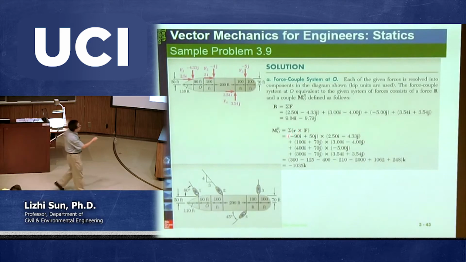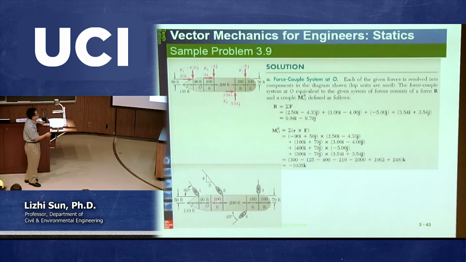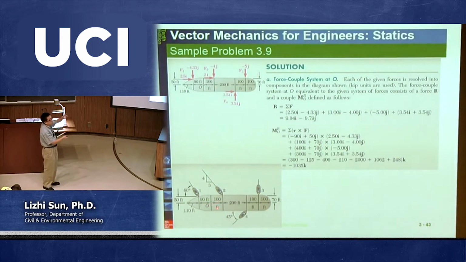First of all, what is R1 cross F1? We have F1 here. What is R1? R1 is the distance vector from the point where you want to calculate the resultant moment to the point where the force is applied. So this is R1 from O to this point. In other words, you just use this point, subtract O. If we set up the coordinate system with the origin at O, that means the components of O are 0, 0.